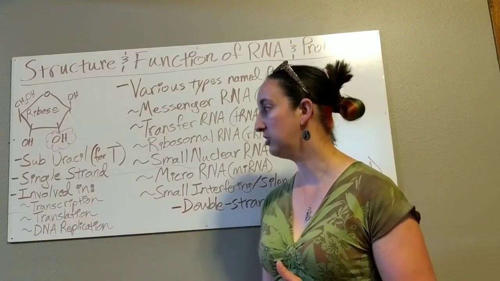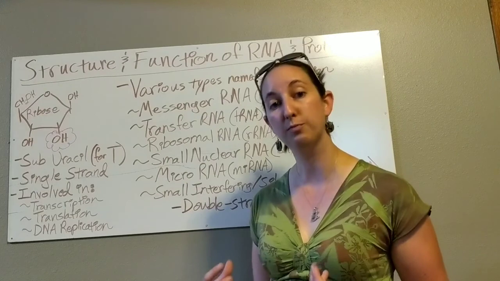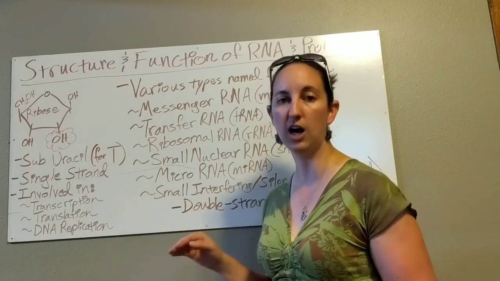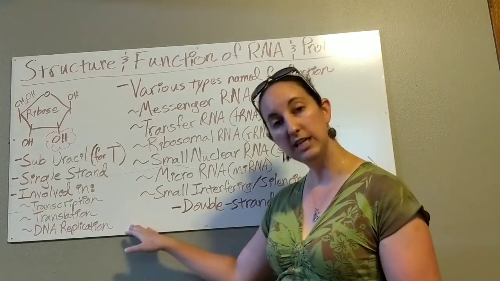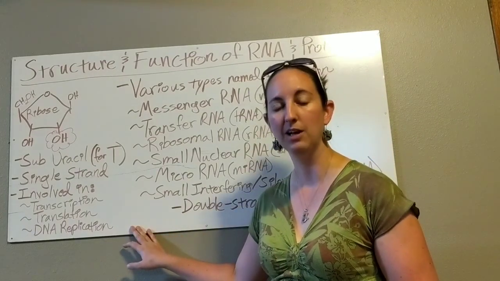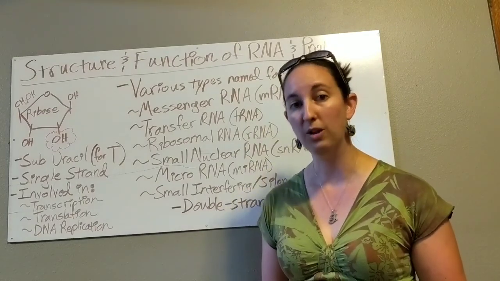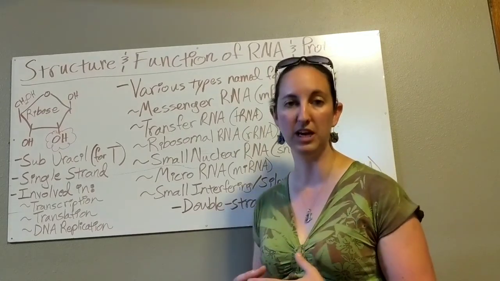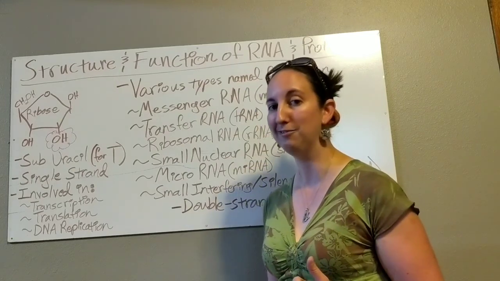When we look at translation, we know RNA is going to be involved as directing the whole process of protein synthesis. And again, we're going to talk about the details of that next week. And then of course DNA replication we went over last week. So just to remind you, we know that RNA polymerase plays a major role in this whole process of being able to replicate DNA. So if you don't remember that, you might go back and review it.